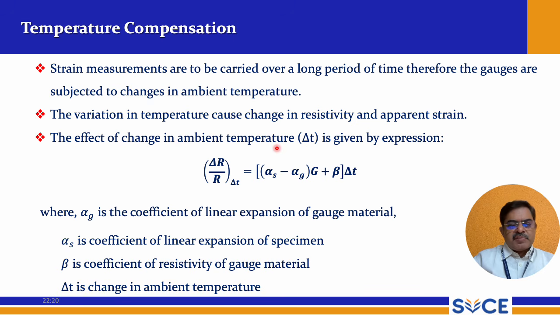The effect of change in ambient temperature delta T is given by the simple expression: delta R by R to the base, delta T, is equal to (alpha S minus alpha G) into capital G, that is gauge factor, plus beta into delta T. Here alpha G is the coefficient of linear expansion of gauge material, alpha S is the coefficient of linear expansion of specimen, beta is the coefficient of resistance of gauge material, and delta T is the change in ambient temperature. So this is the temperature compensation expression.